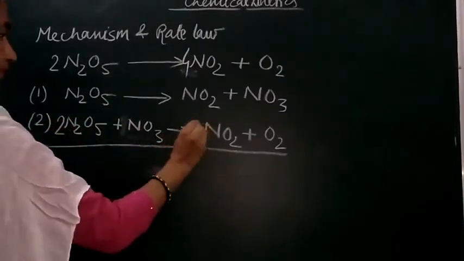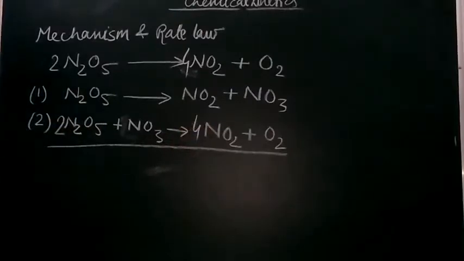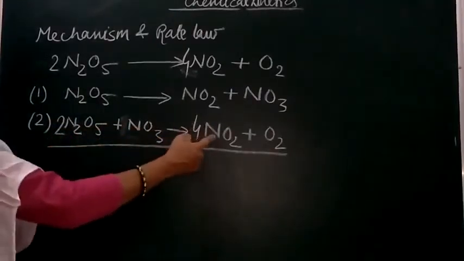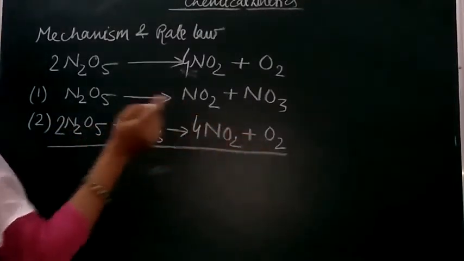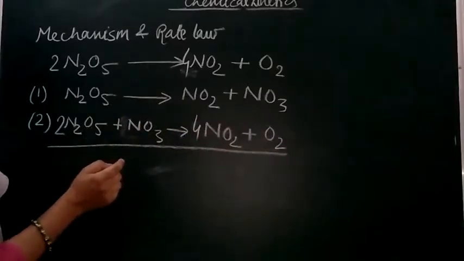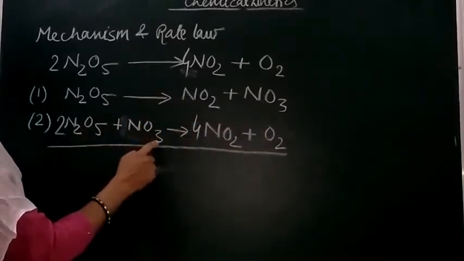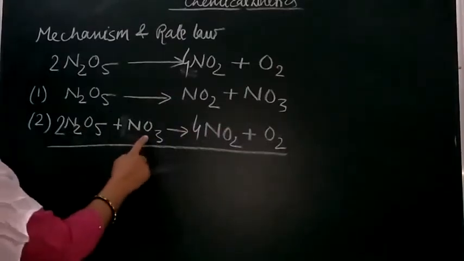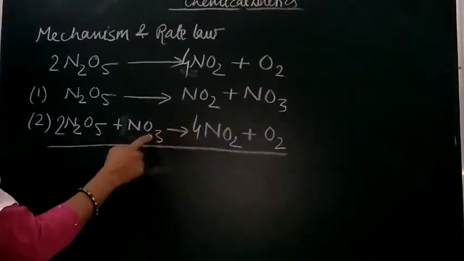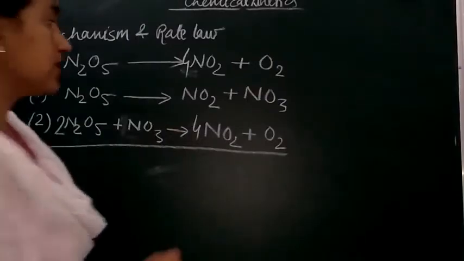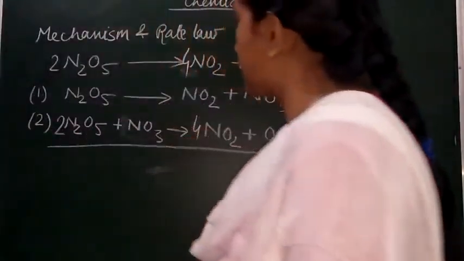We are getting 2 to 4, here also 4 oxygen 10, here 8 plus 2, 10. But this is present here, this is NO3, so how will we get this 3 part added up? Just try to balance this reaction.